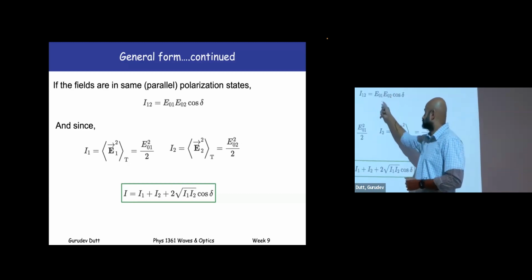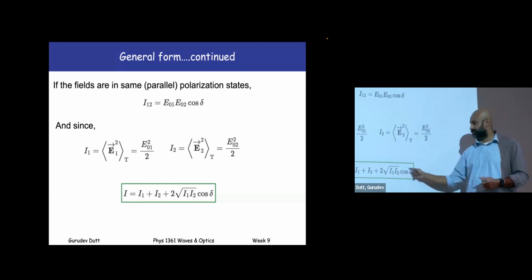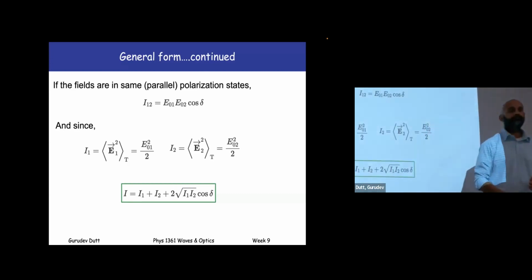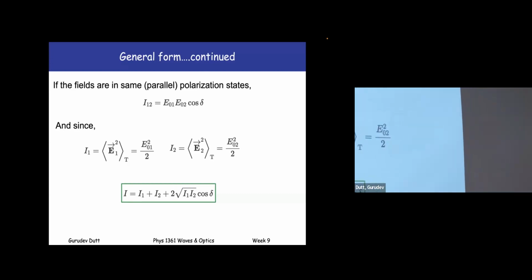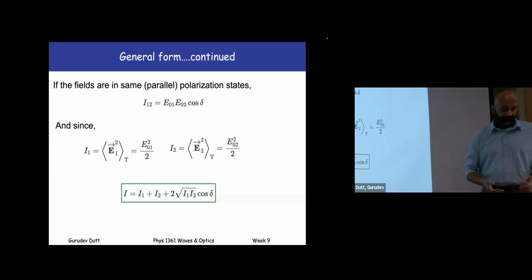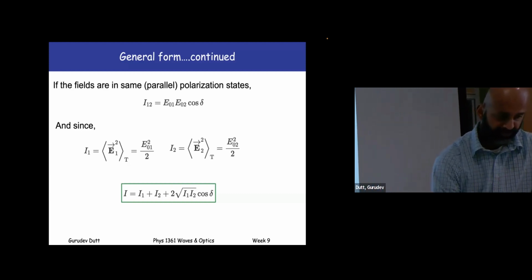So the overall term is 2 times square root of I1 I2 cosine delta. That's the interference term. And remember, the other two terms from E1 squared and E2 squared gave me I1 and I2. So this is our final expression for the overall interference pattern.